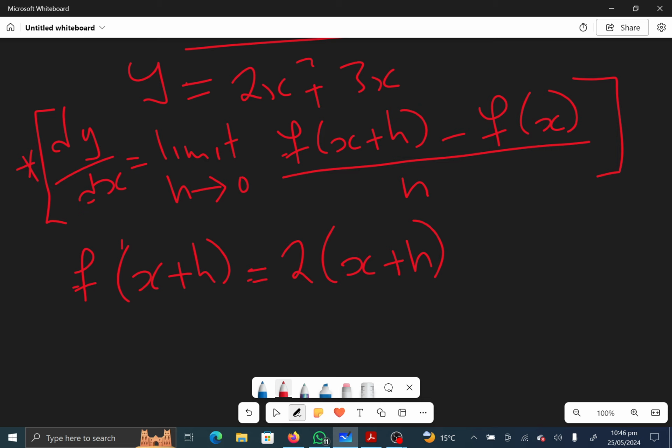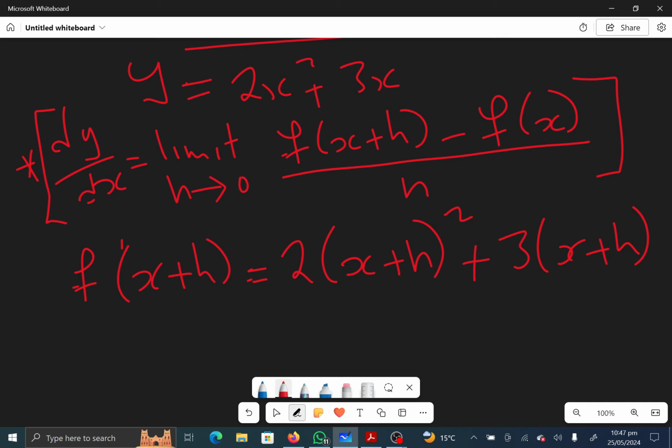squared, then plus 3 times x plus h. So in this function, we are getting our equation which we have been given, y is equal to 2x squared plus 3x.